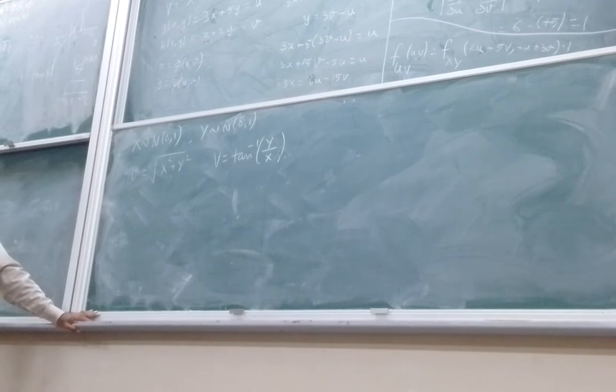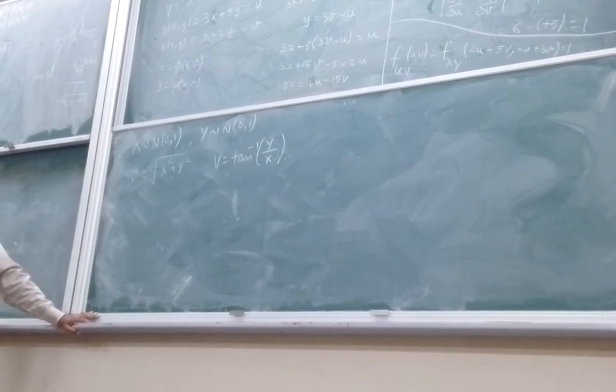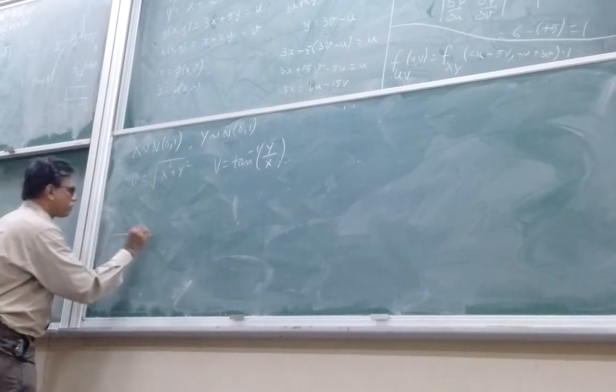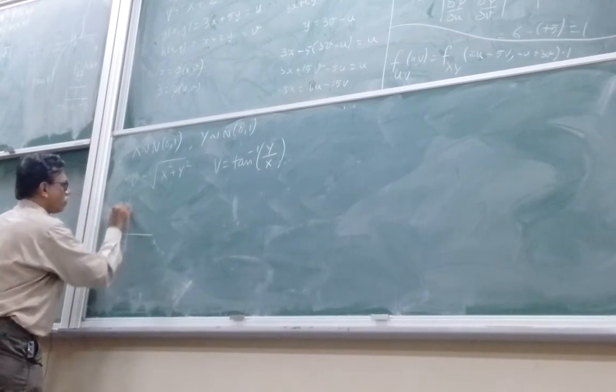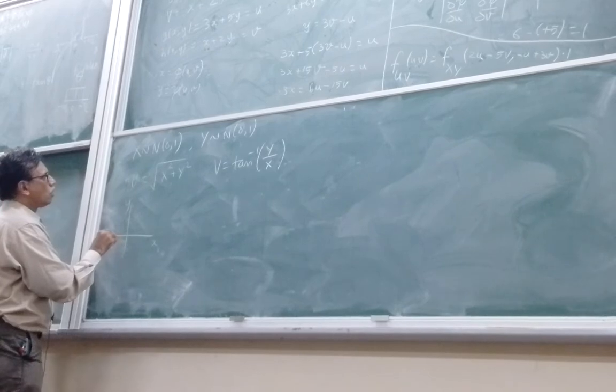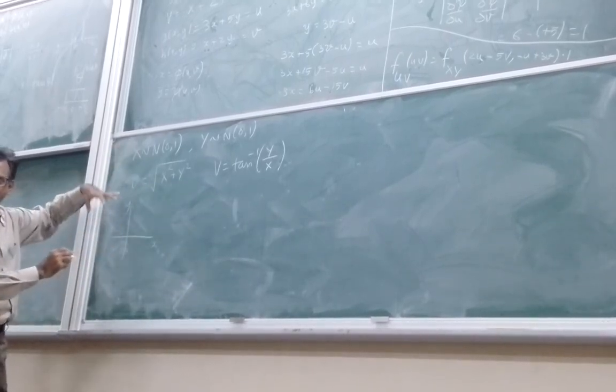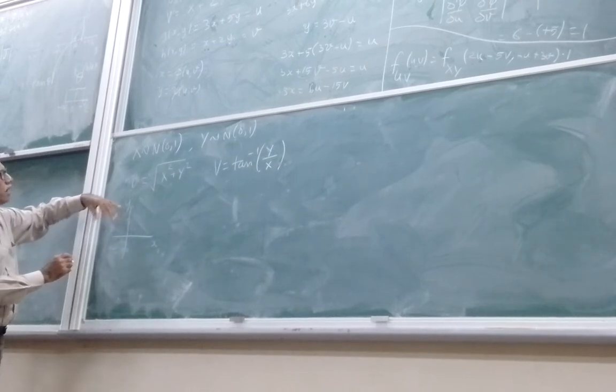So what it means is, as you could easily understand, if x and y take these values, you can view it as a random vector with mean 0.